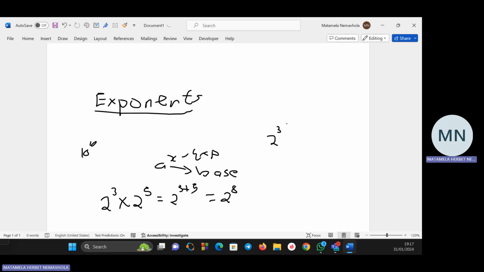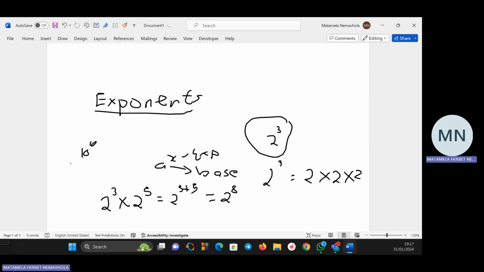Because you are beginners in mathematics, you may be asking yourself, what is 2 to the power 3? When we say 2 to the power 3, we mean 2 multiplied by 2 multiplied by 2 again.